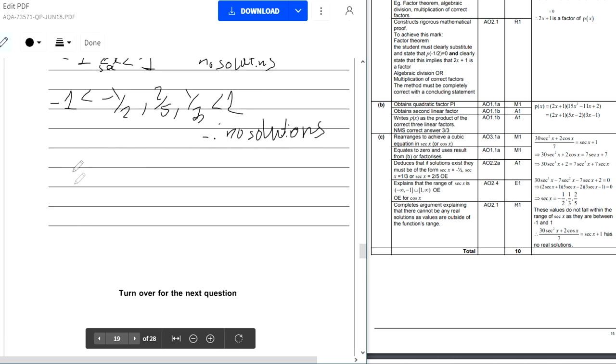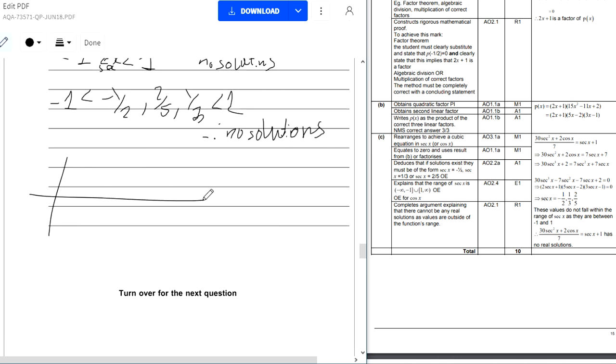Another way you can think about it, sec is 1 over cos, so if you draw the cos graph, it's going to be inverted, so that's going to go like that, it's going to go like that, and remember that's 1, that's minus 1, so anything between that is not going to be valid, which is exactly what we just did.